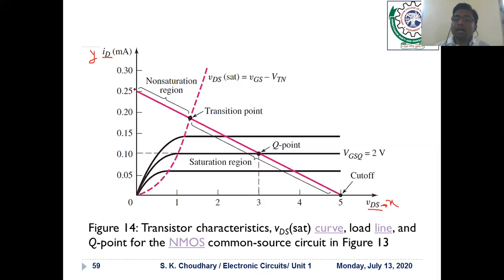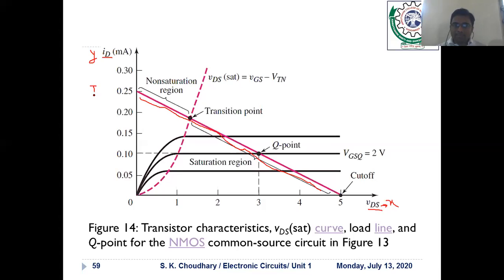Then only are we able to draw this straight line. This is the load line actually. So how to draw this load line on the characteristics that are already given here?